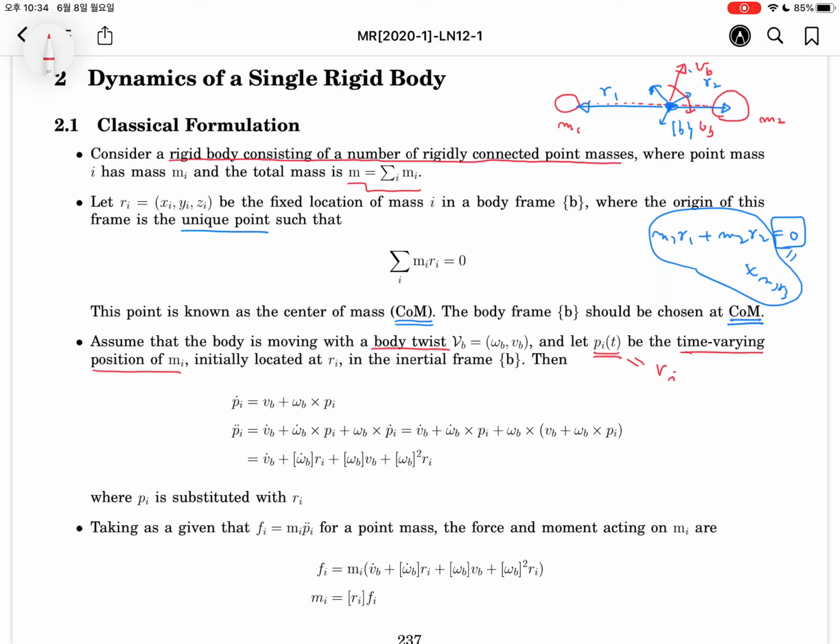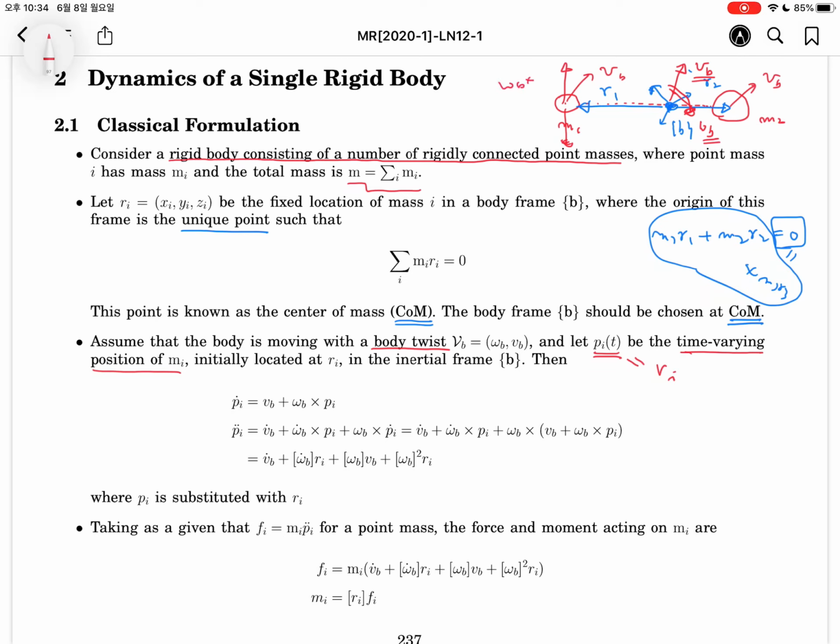Let's obtain the linear velocity of M1. The linear velocity Vb appears at both sides, and then the rotational velocity omega will make the tangential velocity. This can be calculated using the cross product operator.